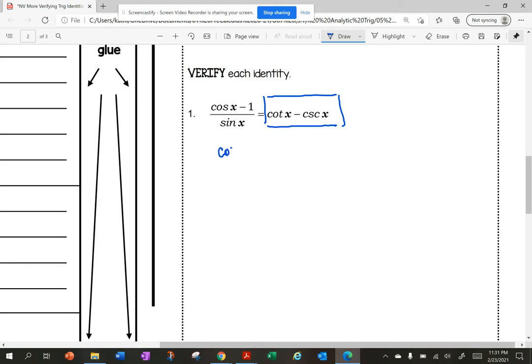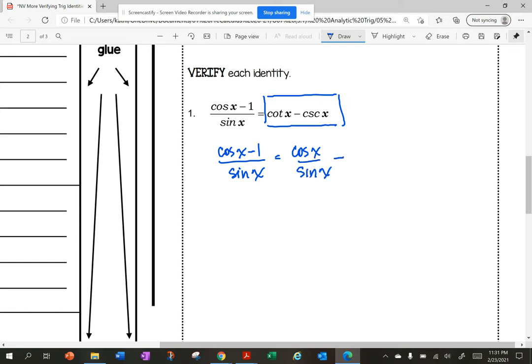So this is the cosine of x minus 1 over sine of x. And I'm going to rewrite cotangent in terms of sine and cosine, and cosecant in terms of sine and cosine. So this is going to be cosine of x divided by sine of x minus 1 over sine of x.